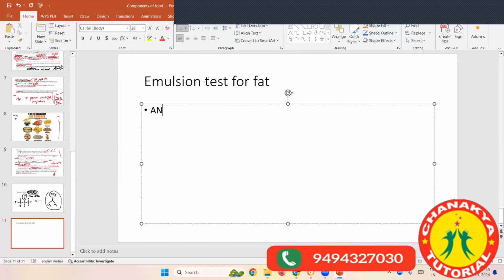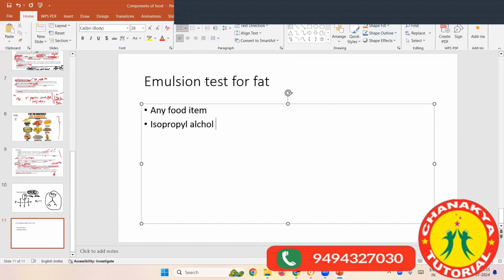Any food item that contains fat, basically. This is actually a test for fat. Any food item you can take, it is not necessary that it contains fat. And then you need isopropyl alcohol.